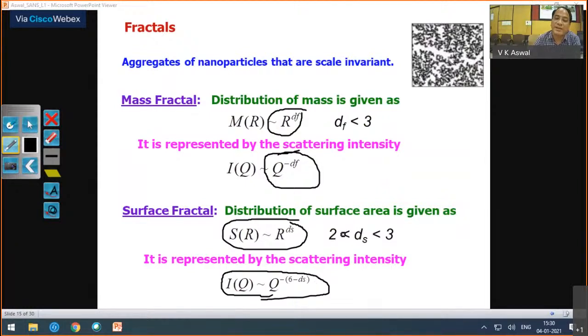So your ds is between 2 and 3, and your q dependence will be between 3 and 4. If you plot log of I versus log of q, you will see a slope of 3 to 4 in the case of a surface fractal, and less than 3 in the case of a mass fractal. So you can differentiate mass and surface fractals using small angle neutron scattering.